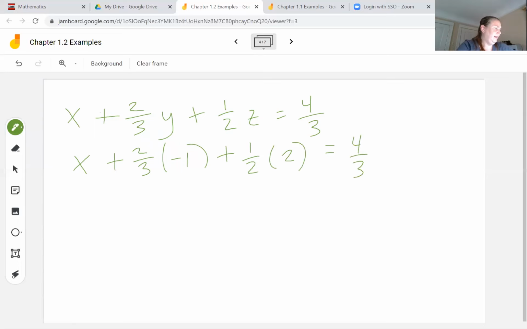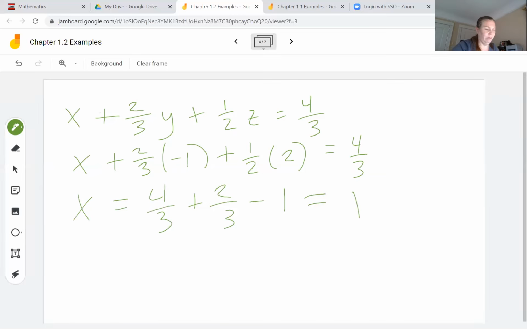And so then we get, let's see, x equals 4/3 minus, if we move the 4/3 over, 4/3 plus 2/3, right? Because it's going to switch sides as we go over, and then minus 1. So this should end up as a 1. 6/3 minus 1 is 2 minus 1, or 1 here.